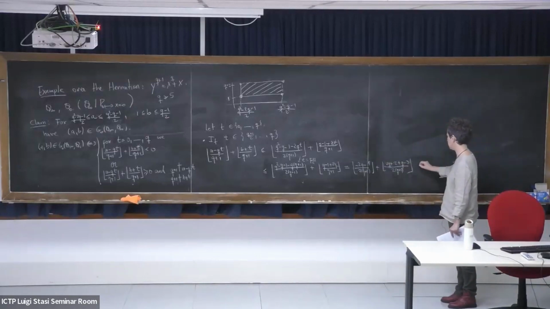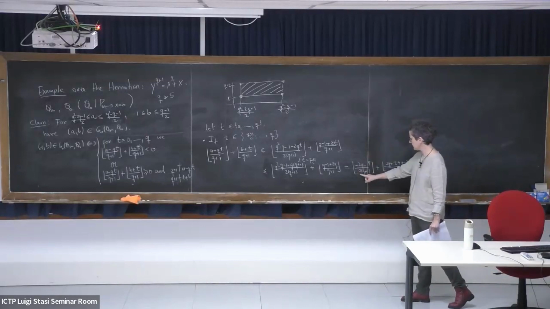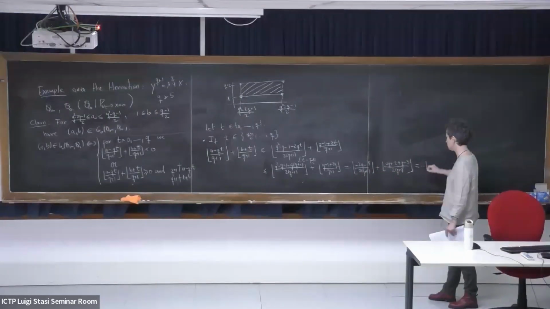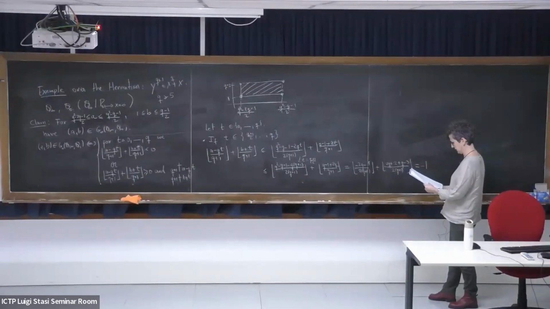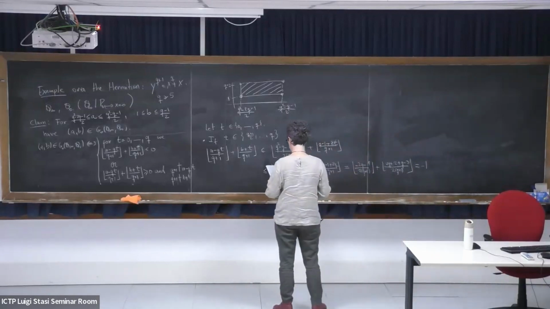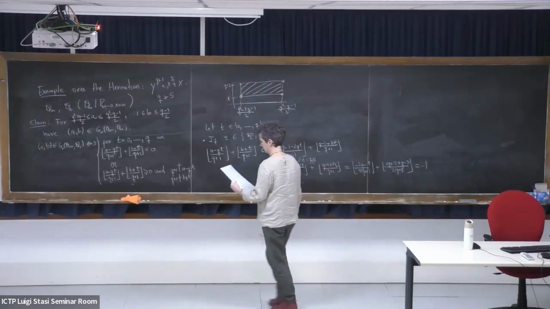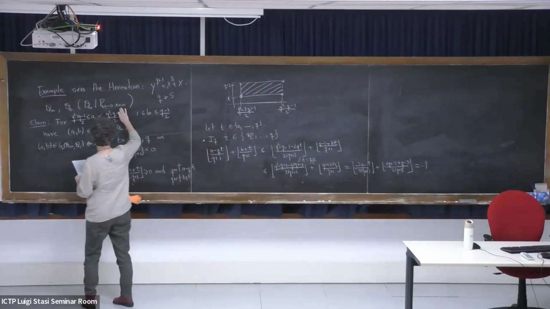Okay, so this is minus 1, because it's 2Q plus 2, this is minus 2Q minus 1. Yeah, sorry, this was 2 here.